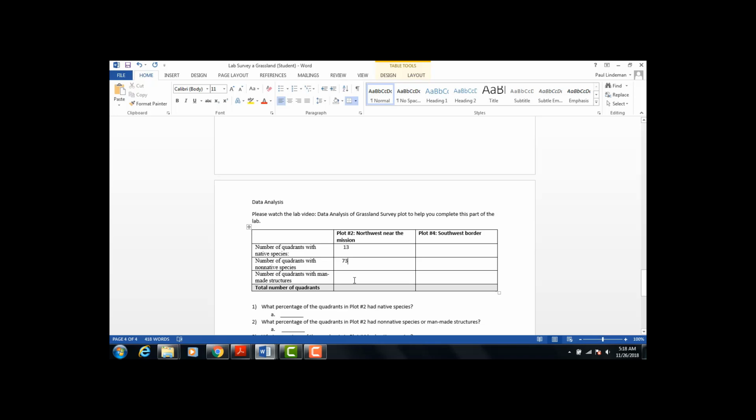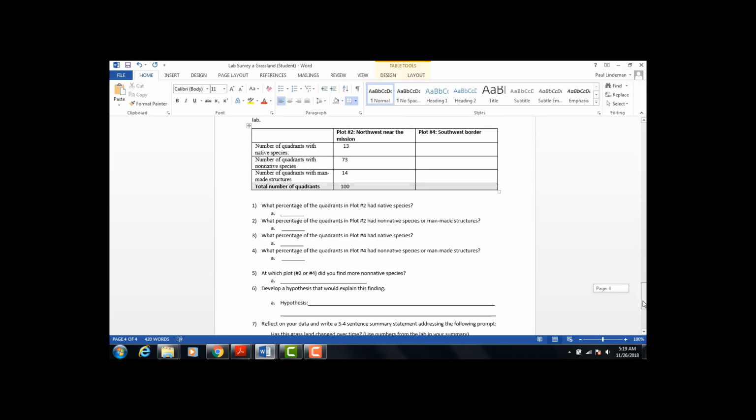And then we already know how many quadrants are going to be of your man-made structures, and that's going to be 14. And hopefully if you add this up, 13 plus 73 plus 14, you're going to have total number of quadrants, which is going to be 100, which it should be, so that we can make doing our percentages easy. So you would go ahead and do that same thing for plot number 4.